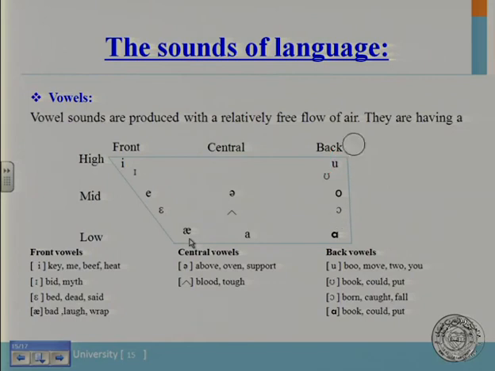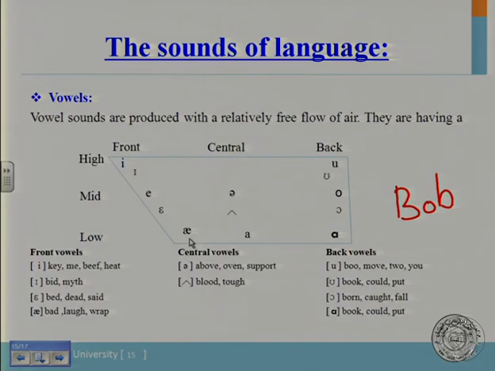The third one is as in born, coat, and fall. And the last one is as in, for example, Bob or Swan.